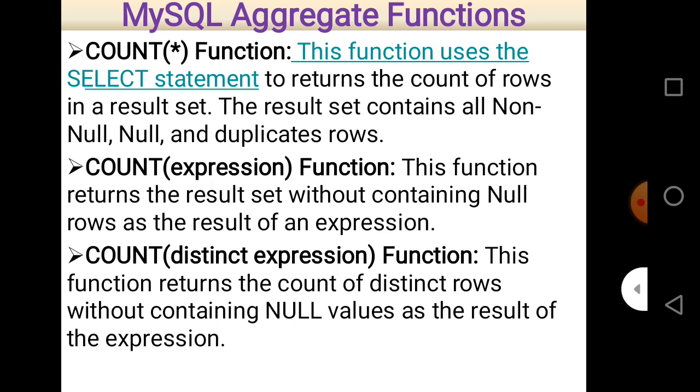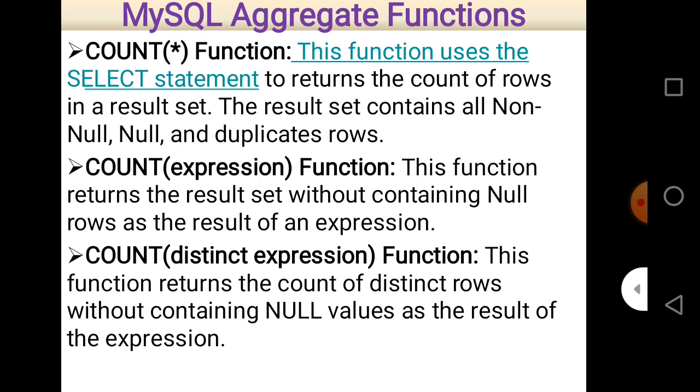Next is the count expression function. The count expression function counts the values but does not consider any null value. If we don't want to consider null values, we just write count expression, with an expression within the parentheses of the count function, and it returns all rows that have no null value.